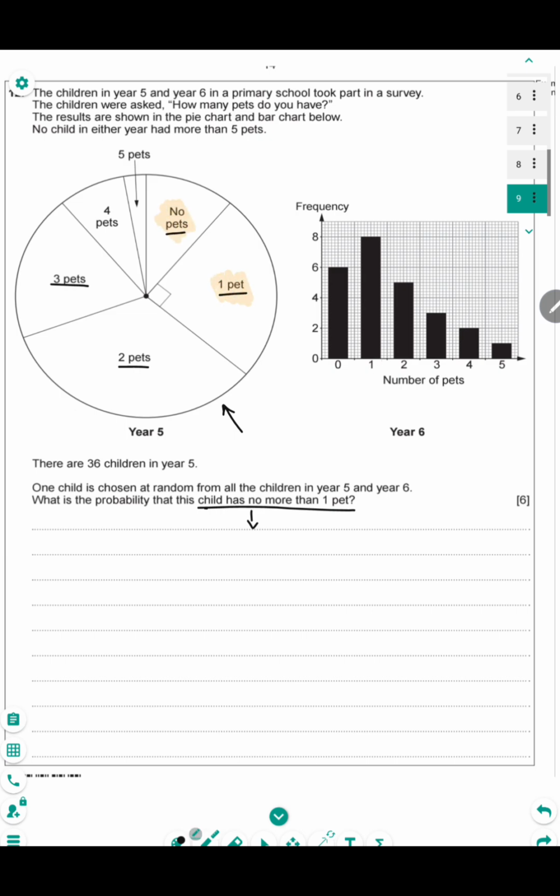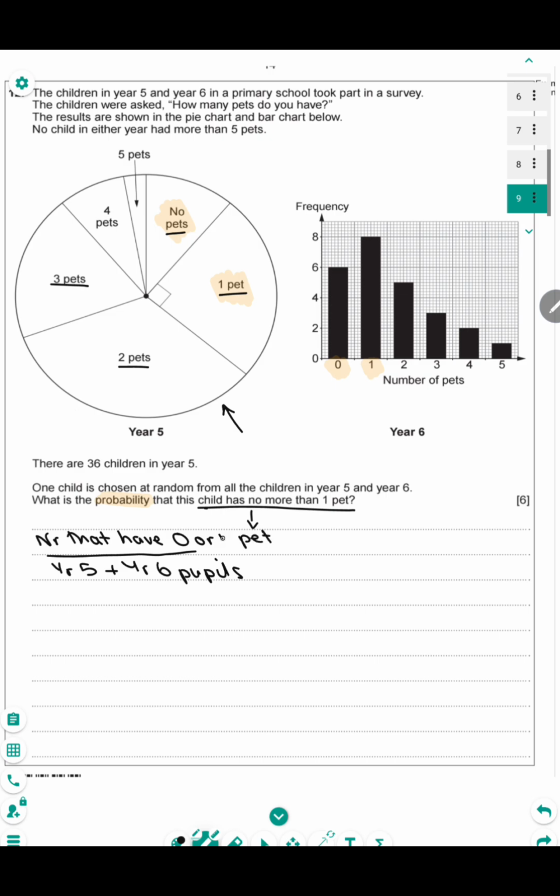So looking on our graphs or charts, we're interested in the total number of pupils because we're working out a probability. So we need the total number in year 5 and year 6. So the totals. And then on the top, we need to know the number that have 0 or 1 pet.